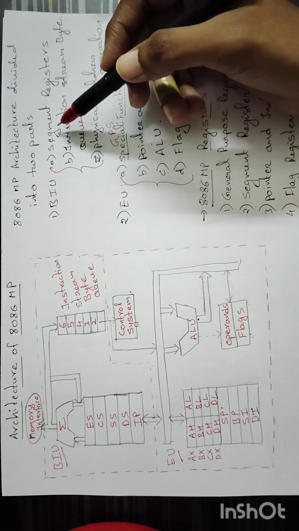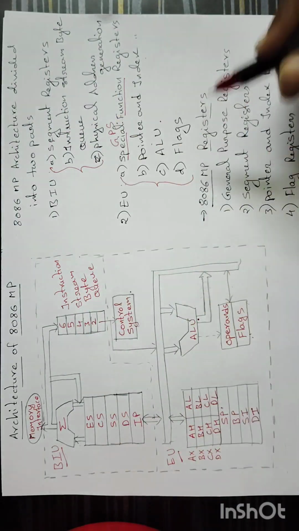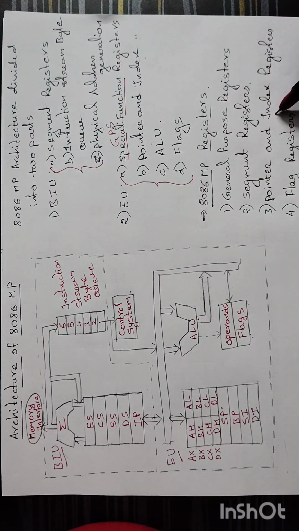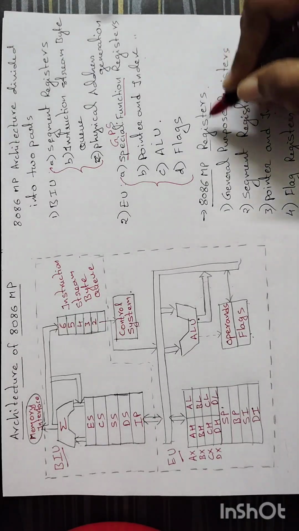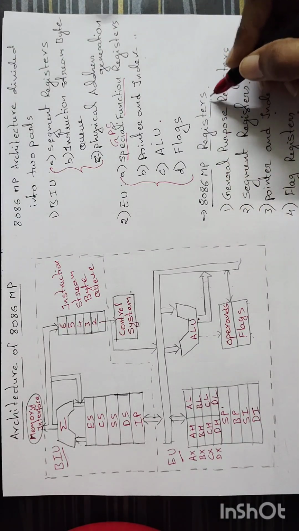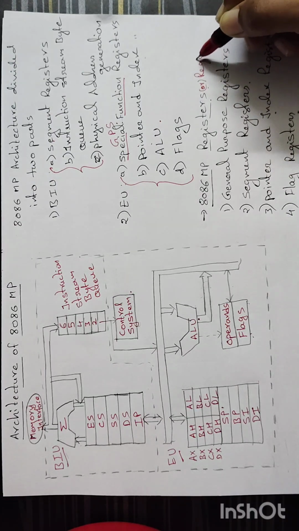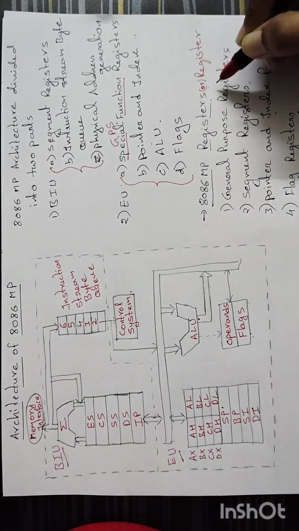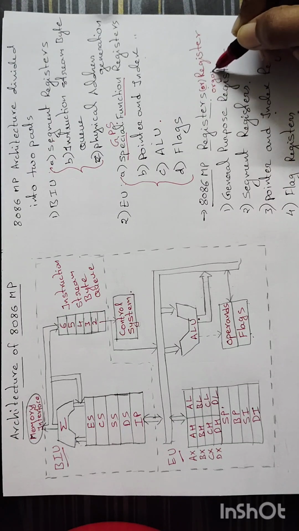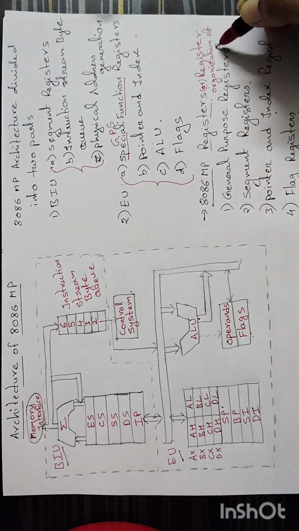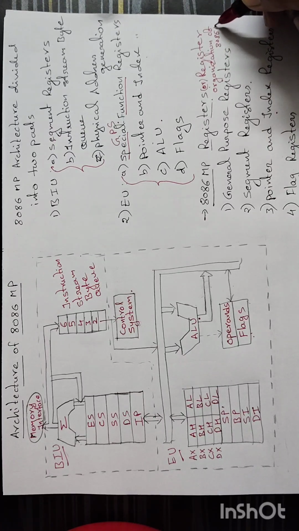The total registers in the 8086 microprocessor are general purpose registers, segment registers, pointer and index registers, and flag registers. We call this the 8086 microprocessor registers, or the register organization of the 8086 microprocessor.